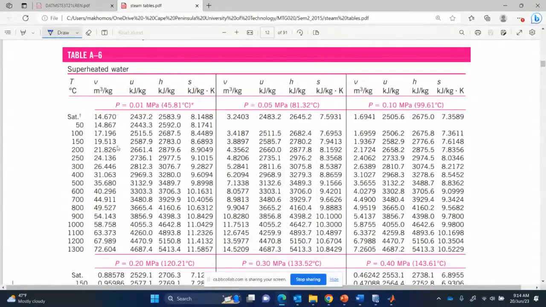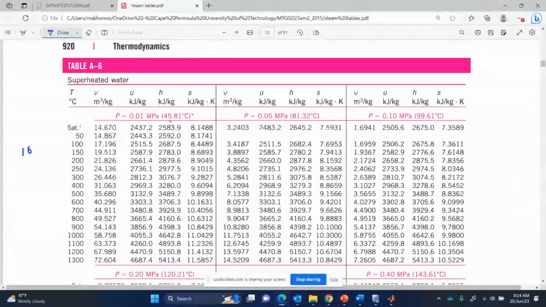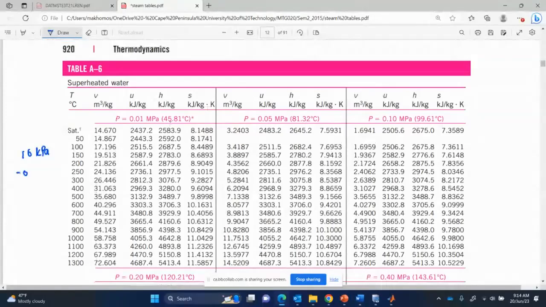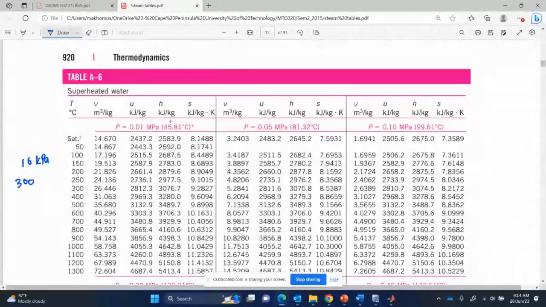So in this case, I will say that the pressure is, let's say, 10 kPa. And then the temperature is 300 degrees Celsius.